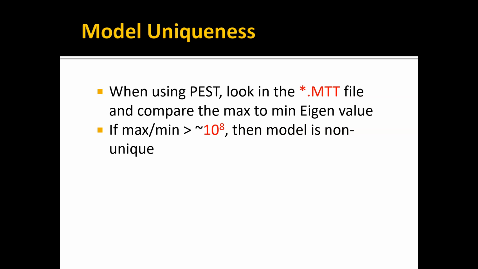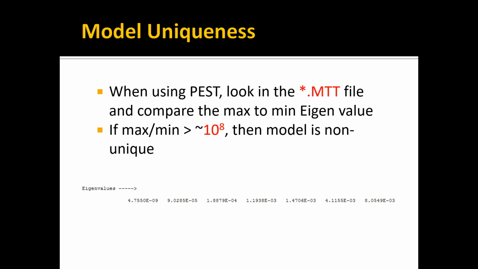If you compare the ratio of the maximum to the minimum eigenvalue, if that's larger than about 10 to the 8th, then your model is non-unique. This is a rule of thumb that John Doherty came up with, the author of PEST, and it seems to work pretty well.